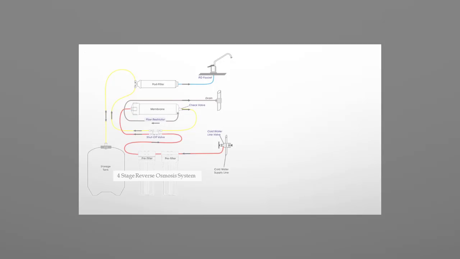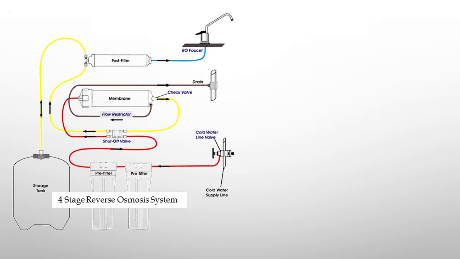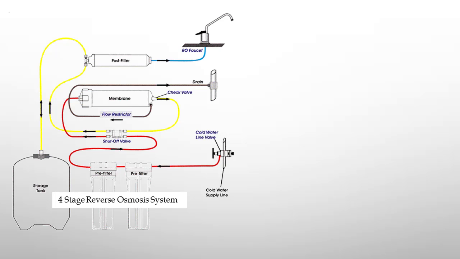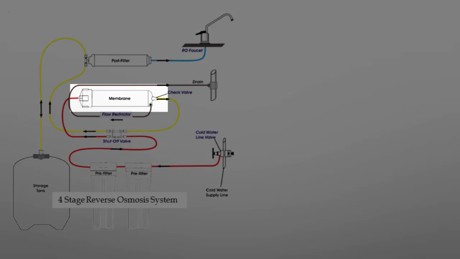Domestic, residential, or under the sink RO systems all have necessary components or parts to operate. You see a 4-stage RO system drawing here on the presentation. And 4-stage, I should say, means that there are 4 points of actual filtration used on this drawing. 2 pre-filters treat the water for particulates or chemicals such as chlorine before the water enters the membrane for purification.